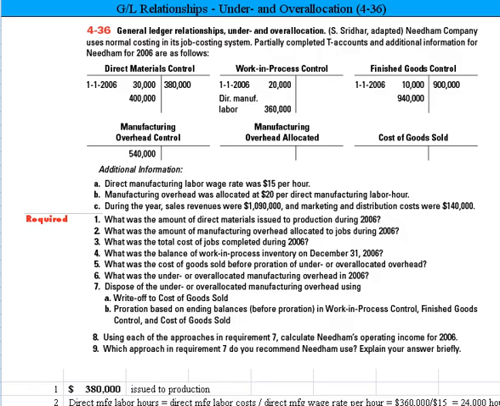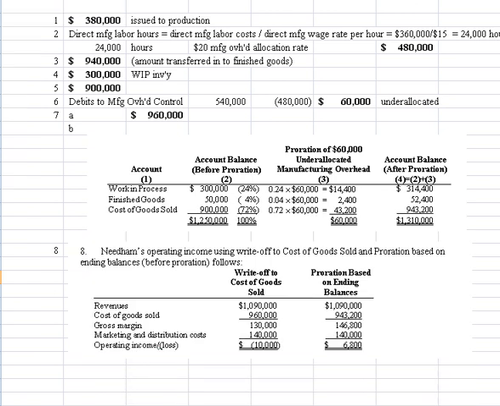Okay, now I've slid back up so we can capture that information in number 8 again. During the year, sales revenue was $1,090,000 and marketing and distribution costs were $140,000. And here too, to save time, I've gone ahead and shown the solution, and let me explain it to you. Okay, so I'll slide on down, and now as we see number 8 on the screen here, there's the $1,090,000 showing it both ways.